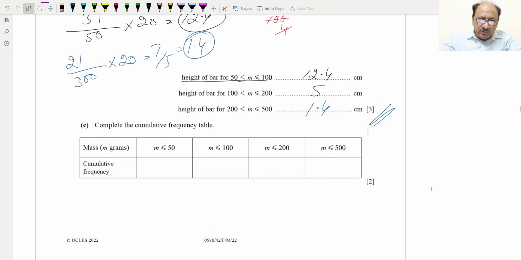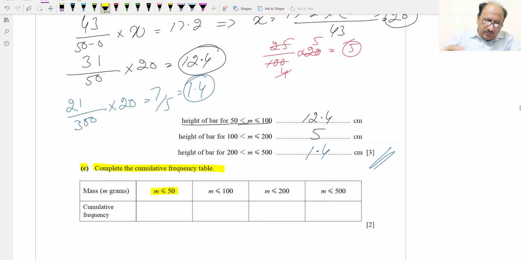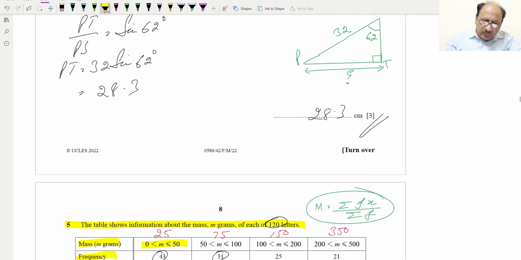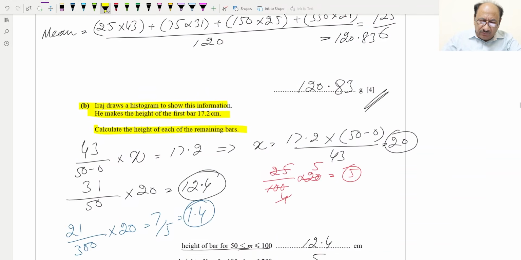Hopefully you understood this. Now they are saying complete C part, complete the cumulative frequency table. Less than 50, we know from here is 43, so our number here will be 43. Now less than 100, we will add 43 and 31, which will be 74.